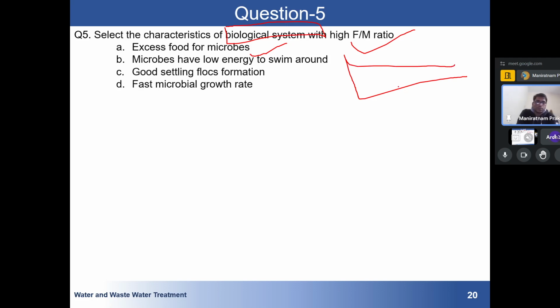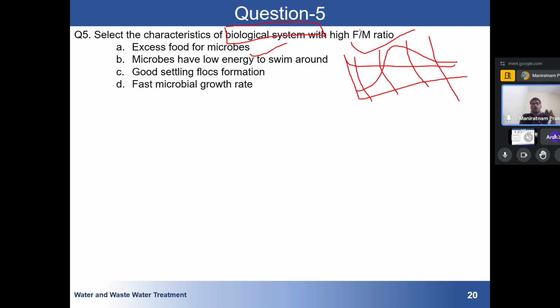This is your food and this is your microbial growth. If you can relate this graph, and if you have understood the different phases, that is the lag phase, then the growth phase, the stationary phase, then the decline phase, and here the endogenous phase, then you will be able to understand this question.